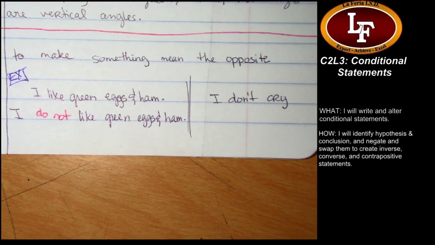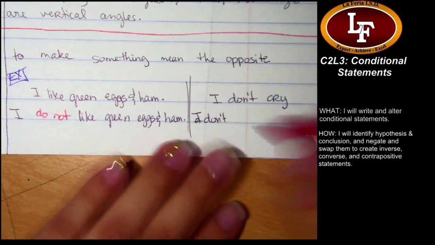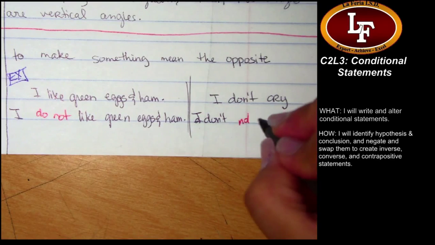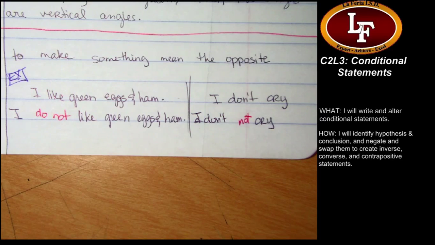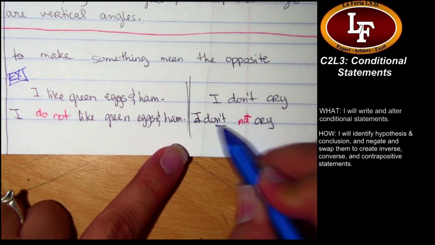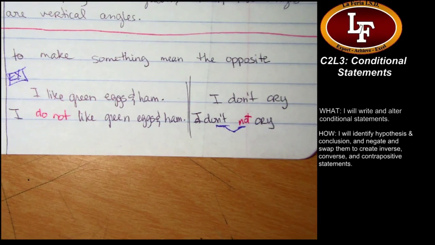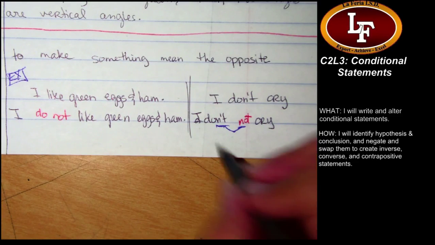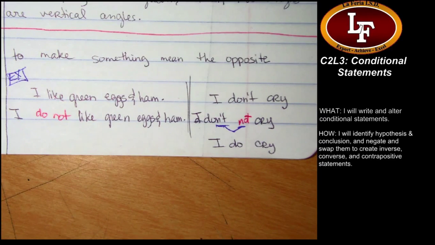I cry, or I do cry. Or technically speaking, I don't not cry. You're adding in a not. But generally speaking, when I have these two nots next to each other, it's like two negatives, right? And two negatives cancel and become a positive, and so we can just write this as I do cry.